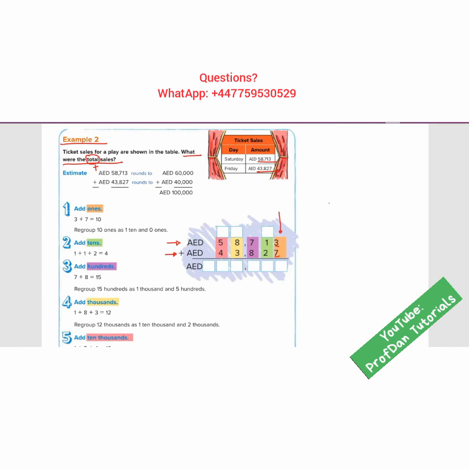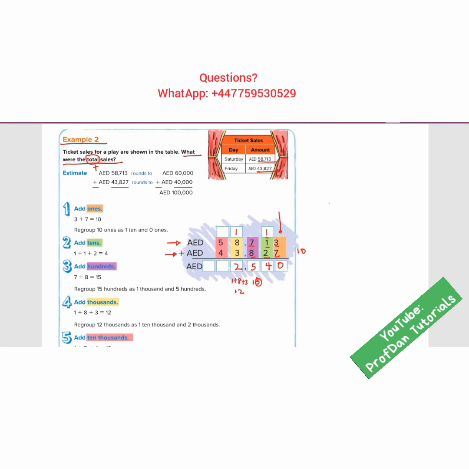3 plus 7 is 10. I write 0, take the remaining 1 here. 1 plus 1 plus 2 will give you 4. 7 plus 8 is 15. Write 5, take the remaining 1 here, so you have 1 plus 8 plus 3, and that's going to give you 12.